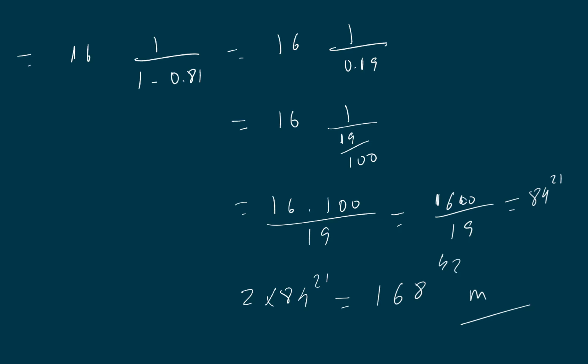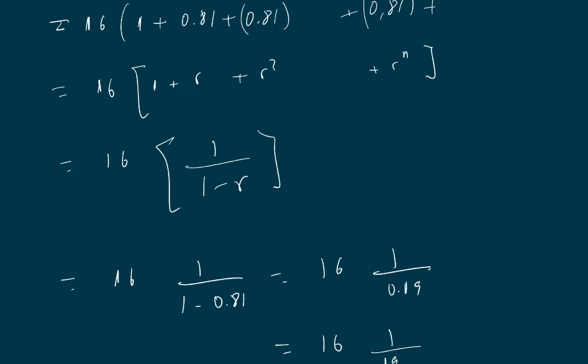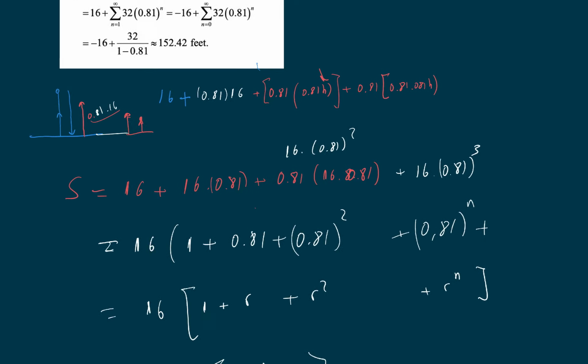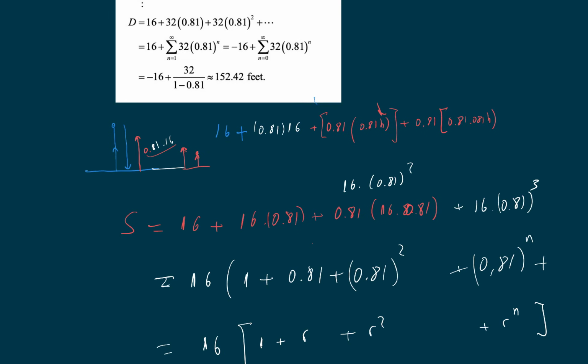So the ball will perform a total distance going up and down of 168 meters. And the result is 152 meters because it didn't take the first step.